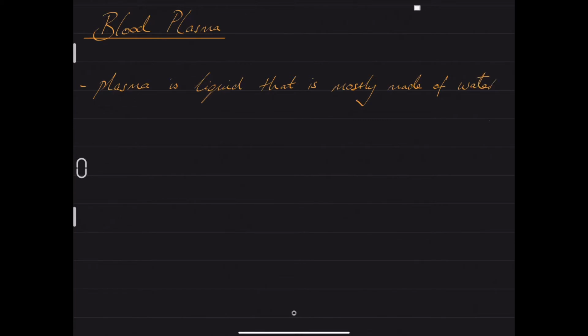Now, this means that substances can be dissolved into the blood plasma, because water is a solvent. It has the ability to allow different types of substances to dissolve into it. And this liquid is not entirely water, it's mostly water, and it's a yellowish liquid. So could you just put in your notes that it is a yellowish liquid?